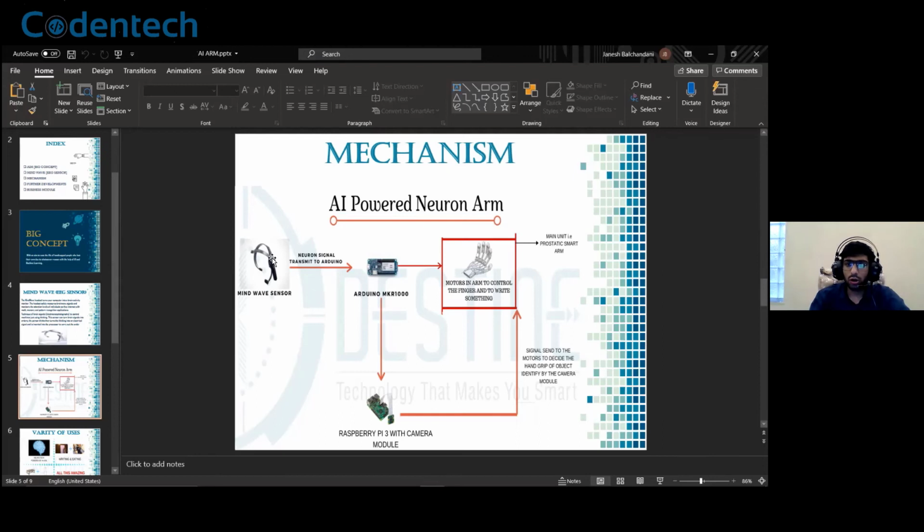Now, not just taking the data from the brain, as I was saying about how machines take data and improve themselves from data, in a similar way, in this project I have used a Raspberry Pi module with a camera module attached to it. Like I have my palm here, and there will be a camera placed here.